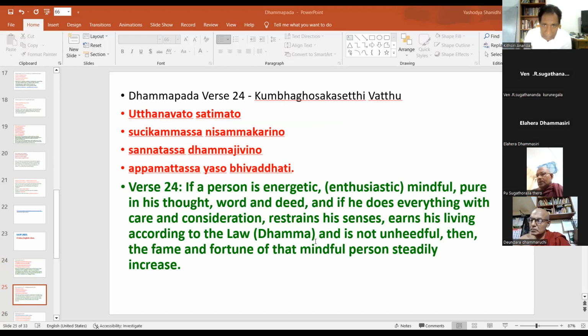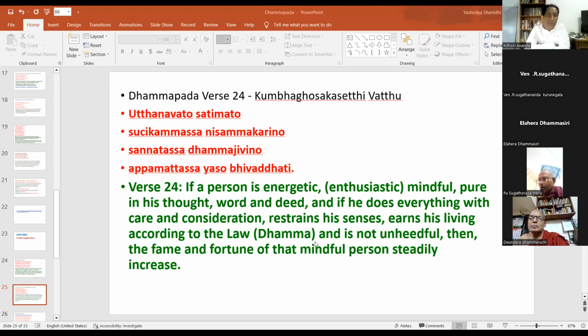If a person is energetic, enthusiastic, has a lot of effort, exerts a lot of effort, and is mindful, pure in his thought, word and deed, and does everything with care and concentration, also restrains his senses, has discipline in senses, earns his living according to Dhamma, righteous living, and is not unheedful, then the fame and fortune of that mindful person steadily increase.